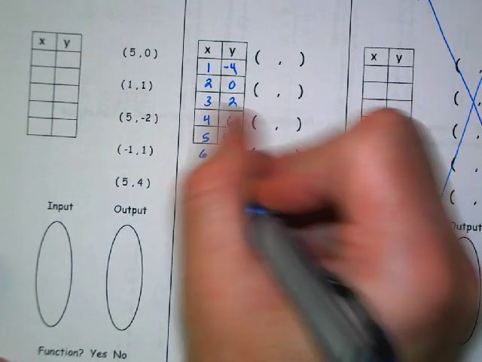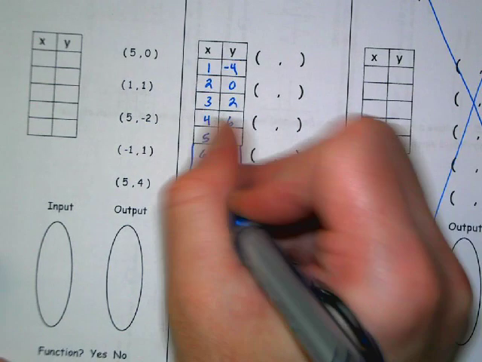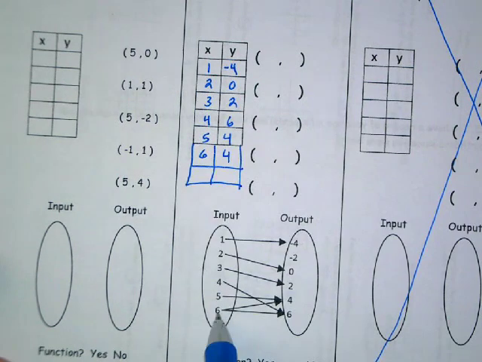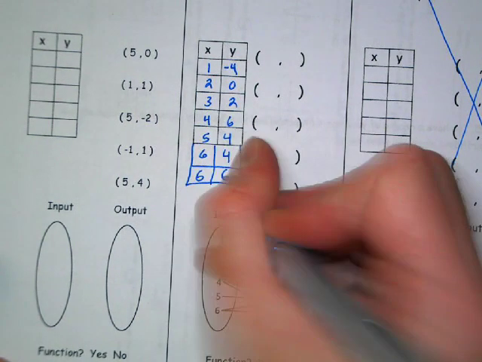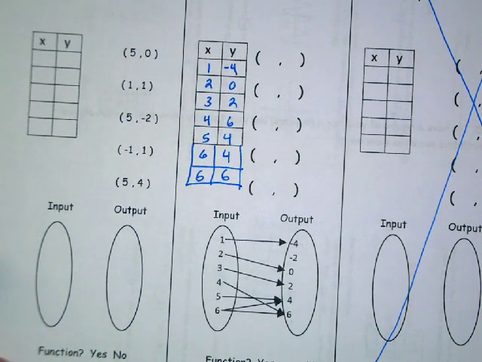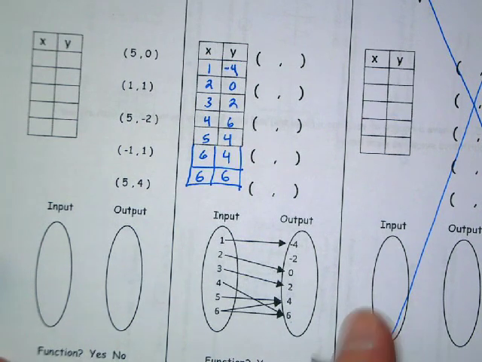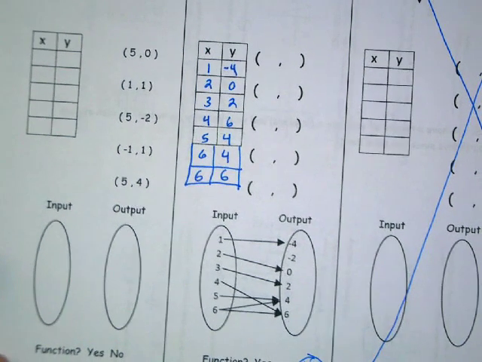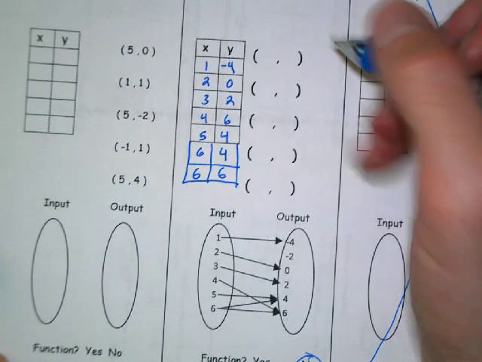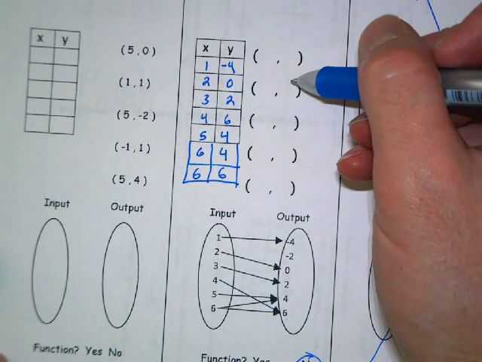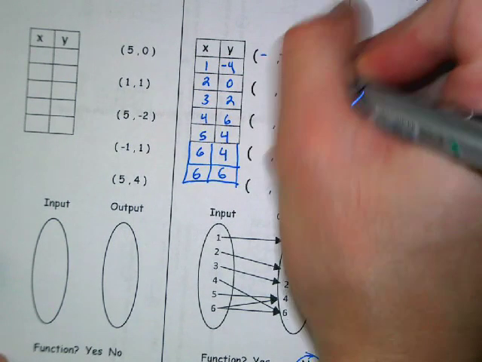And then we have 2 arrows from the 6 here. So we have a point that is 6, 4. And then we got a point that is 6, 6. Okay, so before we even go any farther, is that going to be a function? No. Correct. It is not going to be because you got repeating 6s.